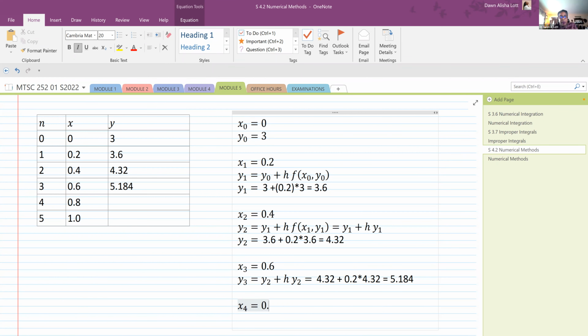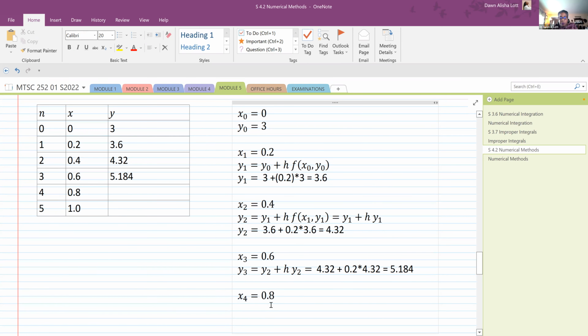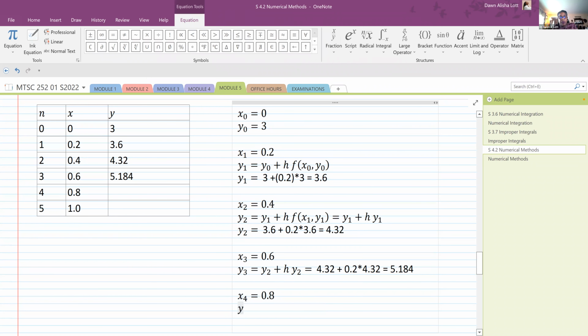X4 is 0.8. And Y4 is going to be Y3 plus H times Y3.